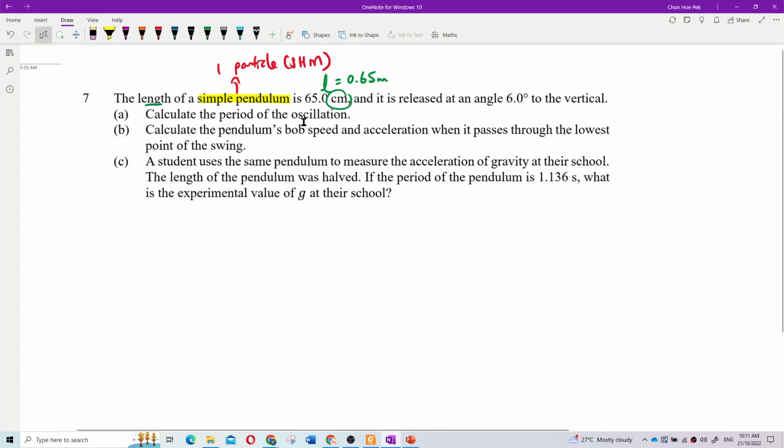Okay, period. So simple pendulum period. How to find period for simple pendulum? There's one formula. Remember? What formula for period?